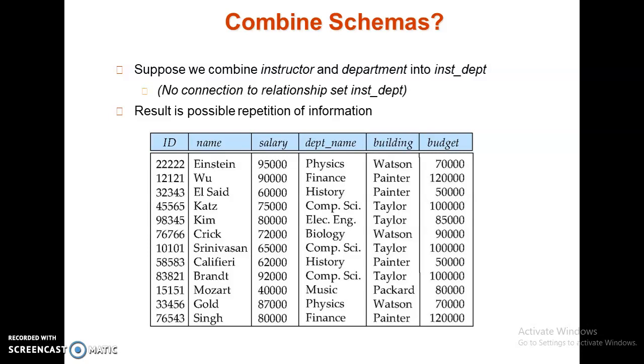Deletion anomalies. What is redundant information? It means we are storing the same data again and again at various places, thereby wasting space and time, which is very important when it comes to processing.